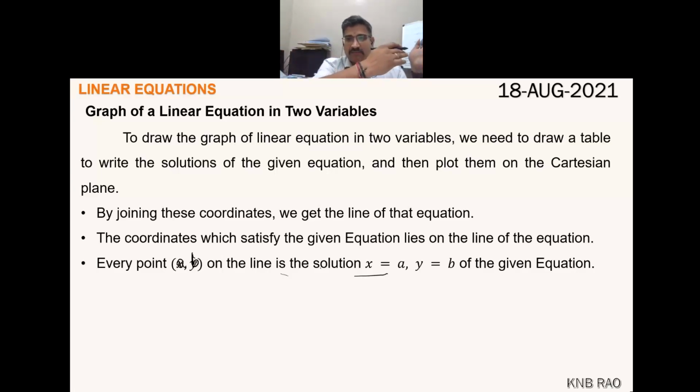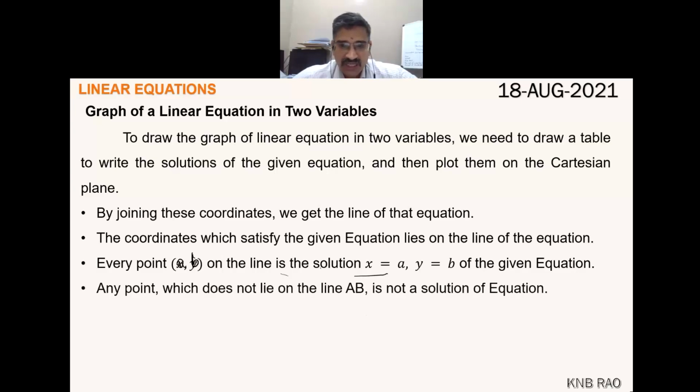If a pair of numbers are solutions for the equation, they will lie on the line. Understood this? If you have understood, thumbs up. Now the last point: any point which does not lie on the line is not a solution. If any point does not lie on the equation, on the line, it will not be the solution.